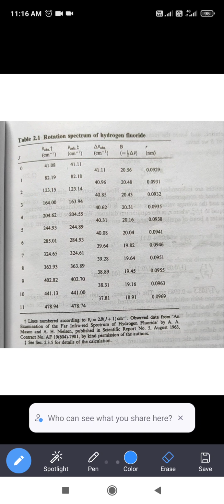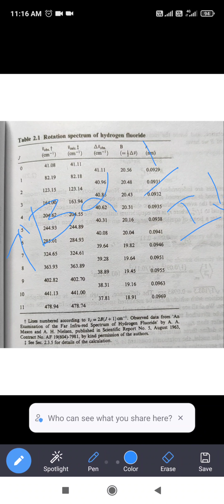So B is inversely proportional to 1 over I. When I increases, B decreases. Similarly, when I decreases, B increases.